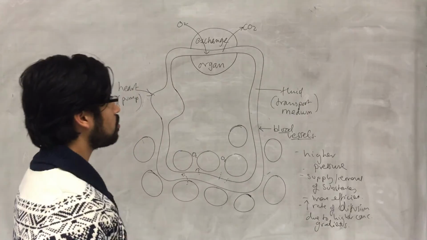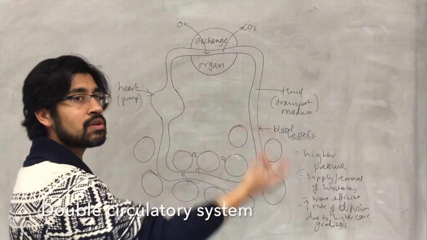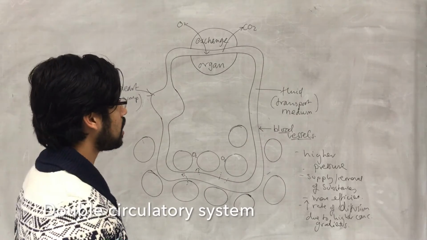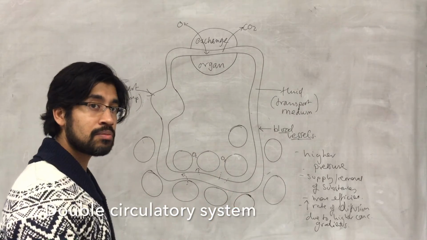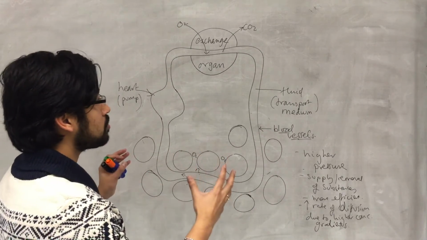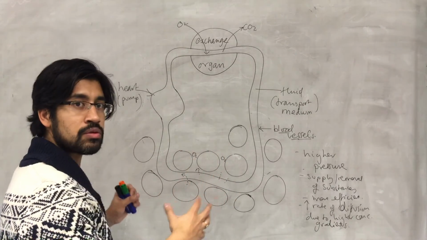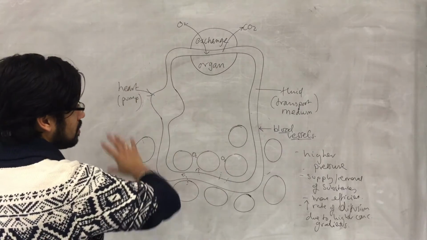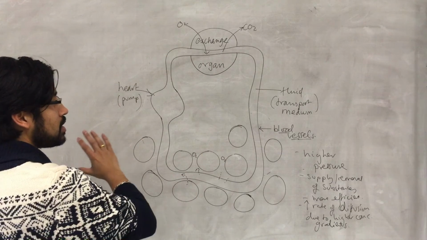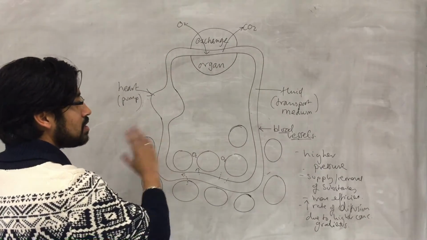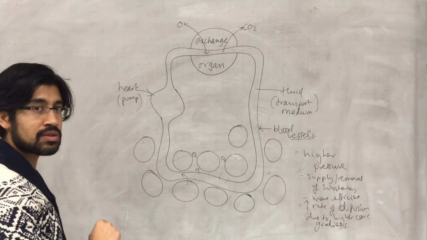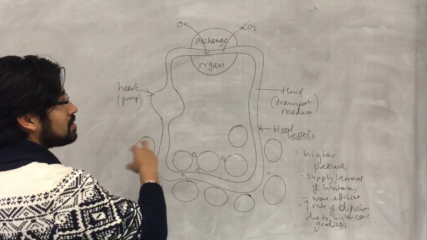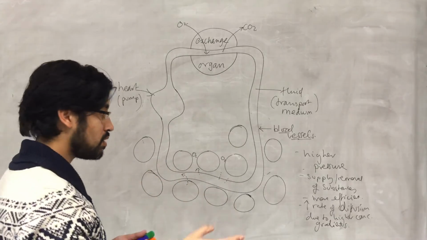Okay, so given even more complex organisms and given even higher energy demands, how do organisms evolve to deal with that? So we have this closed circulatory system. It's increased in efficiency compared to the open circulatory system, but its efficiency can be maximized even further.